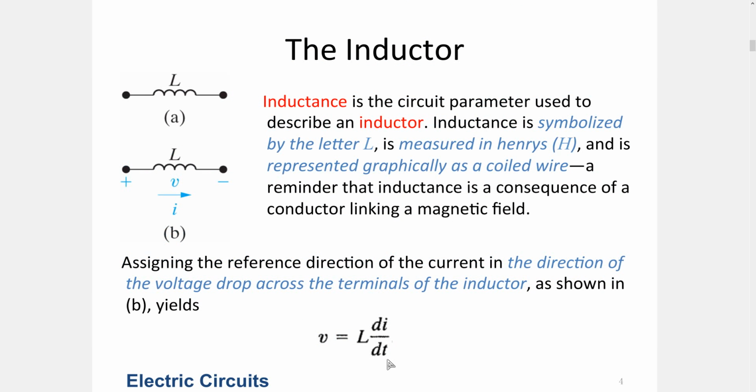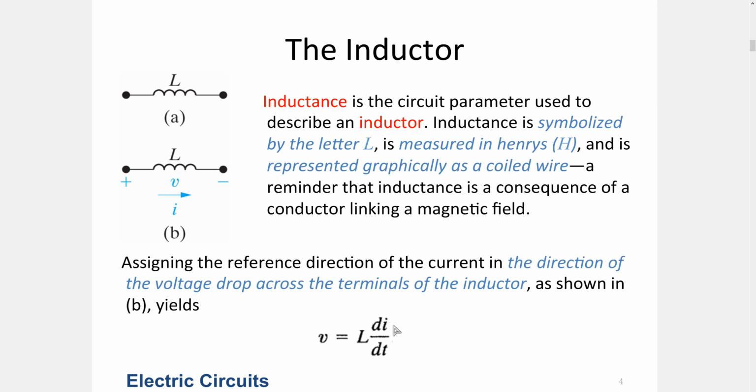If the current changes instantaneously, that is, if this dt is very small, then I am going to get a very large voltage across it. And this might be dangerous for other components that are connected to this inductor.